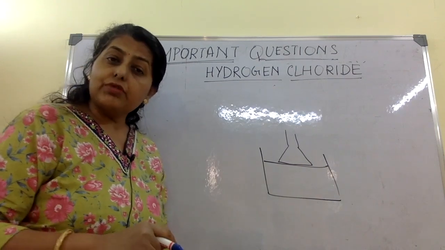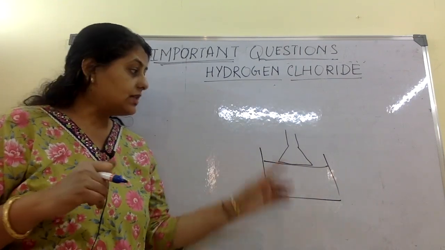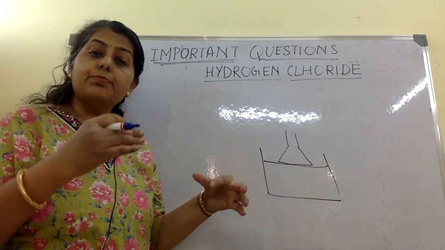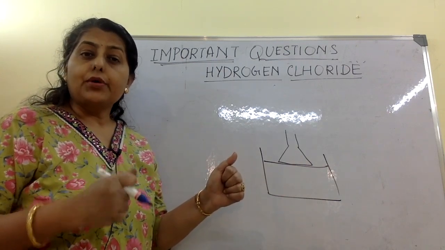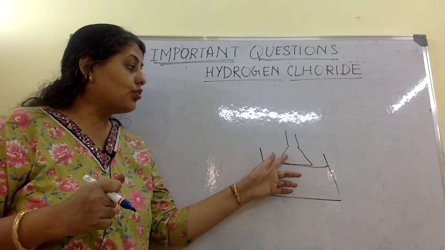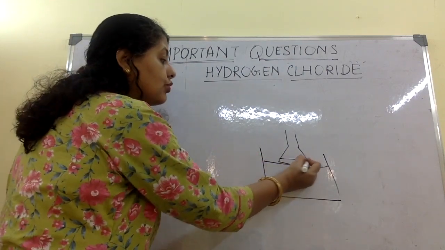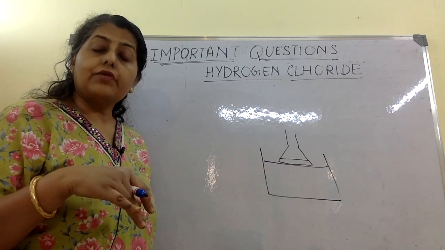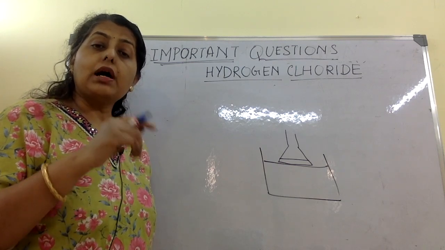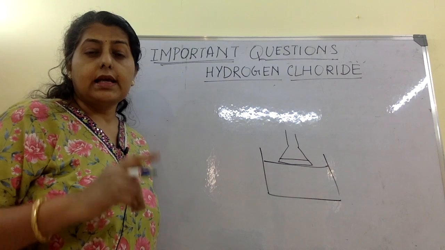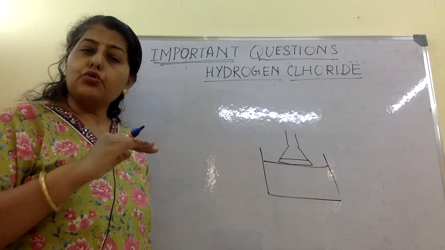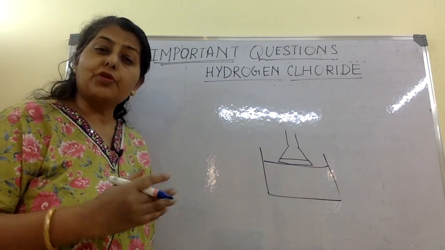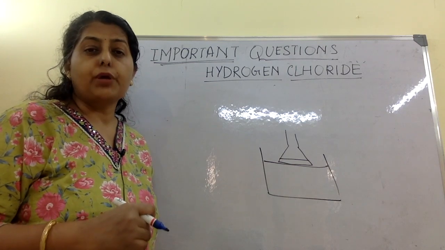It is not touching the water because if the funnel touches the water, there is back suction of water. A little water goes into the funnel and rises to a level which stops the process. So you will have to write that, due to the high solubility of HCl, and ammonia, which are two gases, you have to know some of the properties of these compounds.